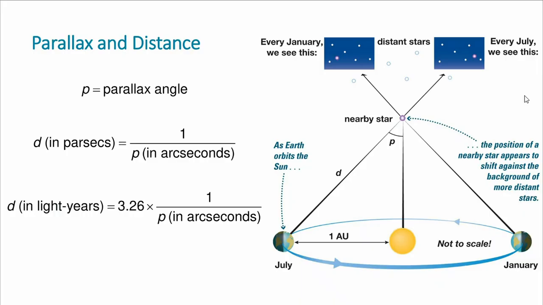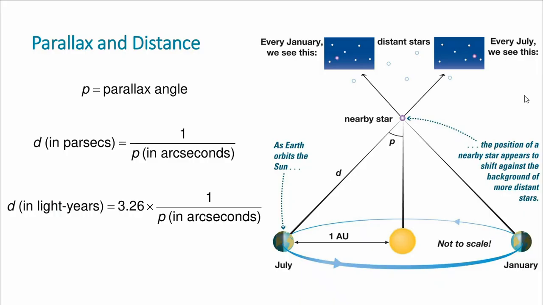And then if you do 1 divided by that angle in arc seconds, you get a distance in parsecs. So a parsec is a distance measure that we use in astronomy, and because you don't really want to measure a distance in angles, you want to measure it in a distance, we convert that angular measurement into a distance measurement.